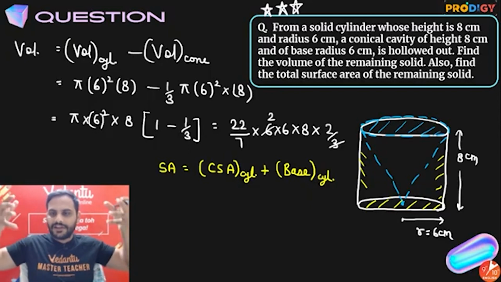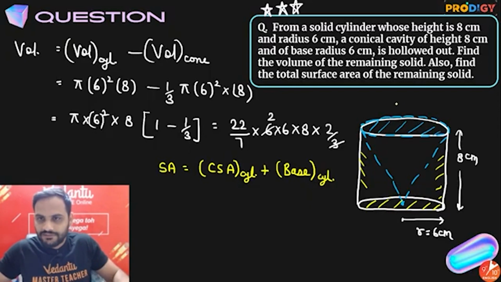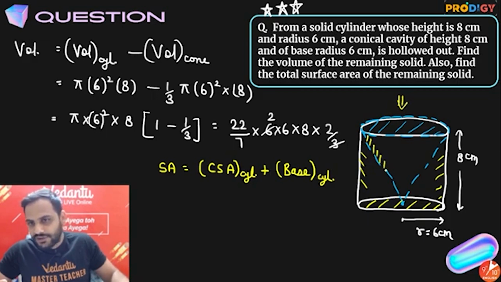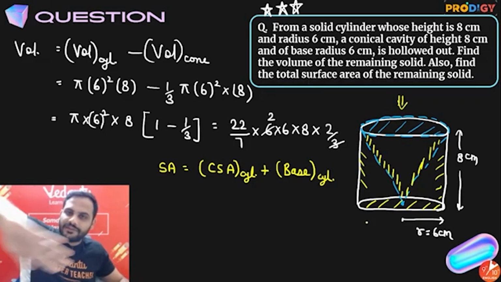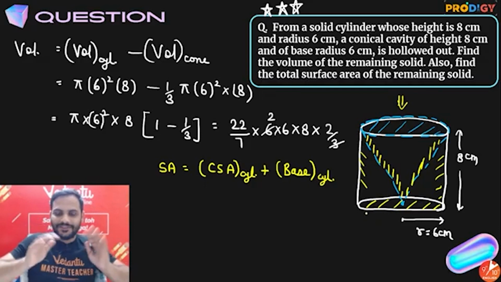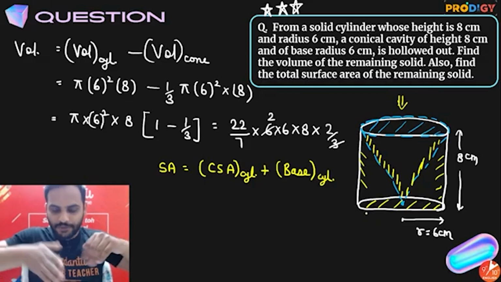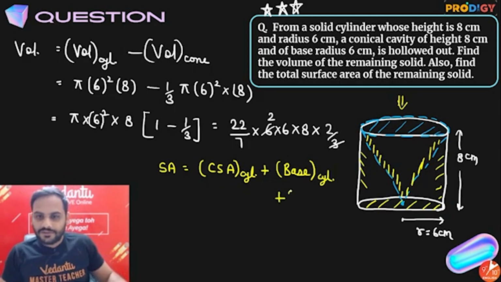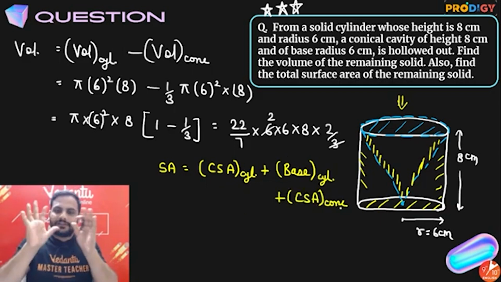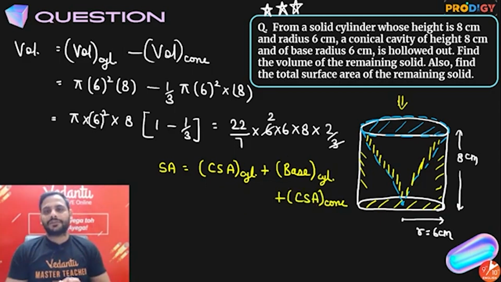But since I have taken out this conical cavity, if you look from the top, you will find a conical hole. Top is open, but you will see a curved surface of the cone. So this also is now a surface, the CSA of the cone. That's the most important part of this question.